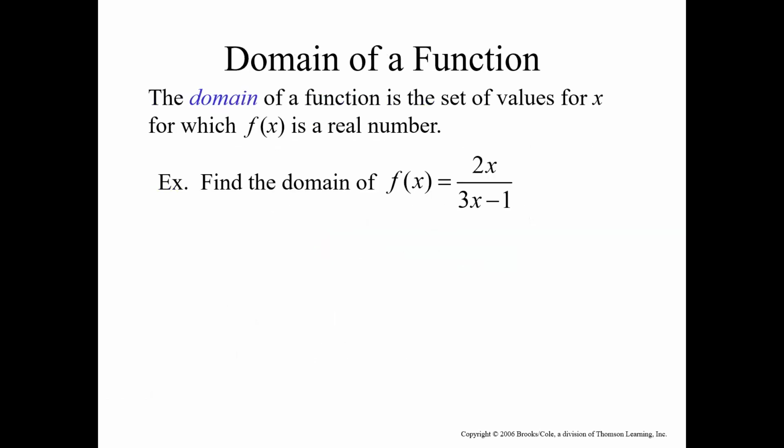This is another type of function. So when you are asked to find the domain of a function that is written in the form of a fraction, how do you determine the domain? Okay, so here our function is in the form of a fraction. A fraction is normally called a rational function.